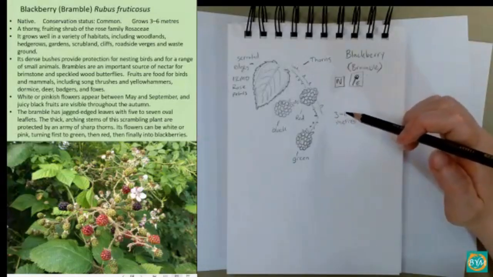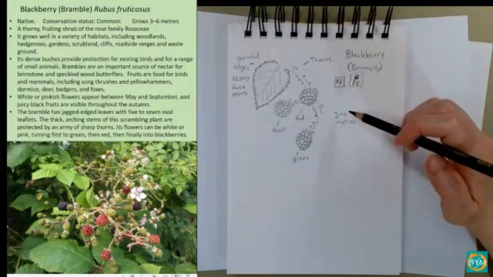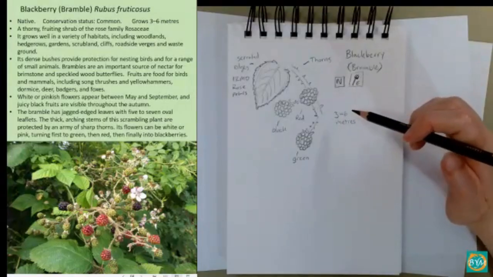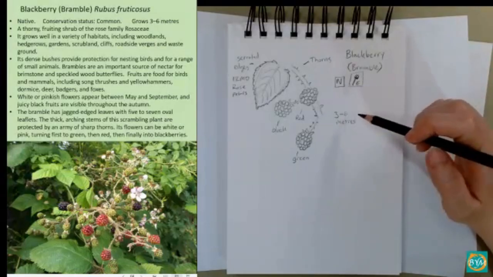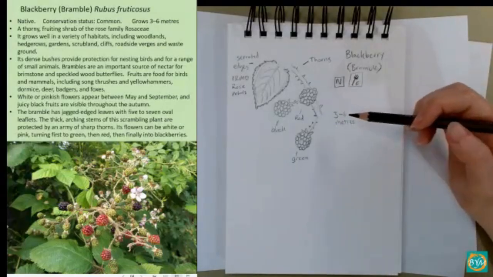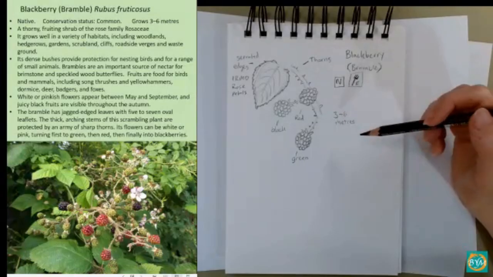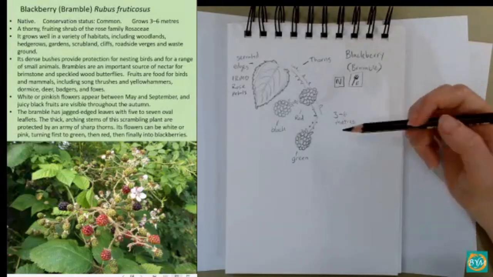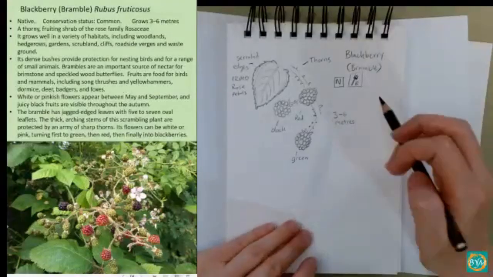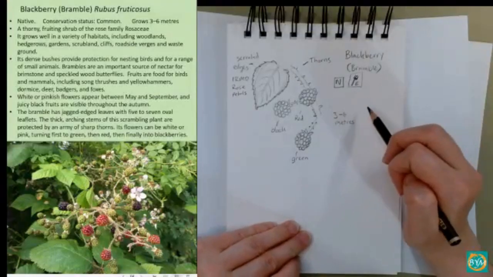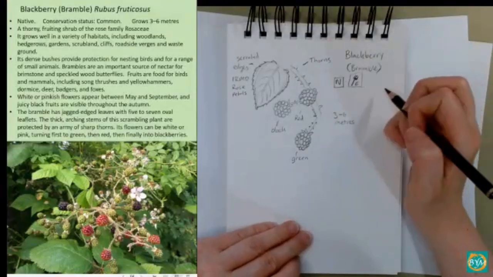The flowers are an important source of nectar for insects, butterflies, bees, and then the fruits are very, very important for lots of different animals. So mammals like dormice, deer, badgers, foxes all like to sometimes snack on these berries. And of course, birds as well, like our lovely song thrush. So lots of animal interactions, and you might want to make a note of those.